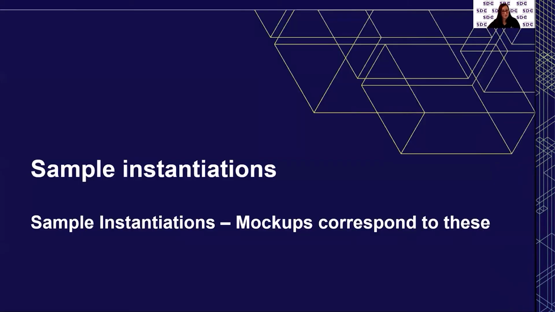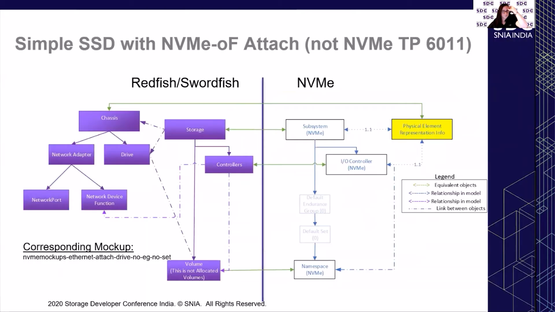Okay, and so we have one other permutation here within the NVMe-oF space, which is a simple SSD with NVMe-oF, since the technical proposal is still just a technical proposal. So for an SSD with NVMe-oF or IP attached, what we've basically done is that this is how you would implement it. So you've got these basic components for a basic SSD.